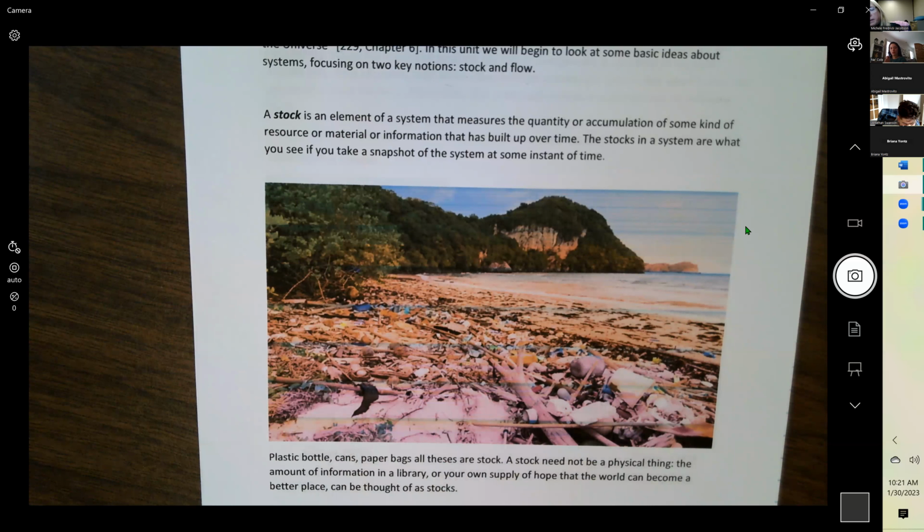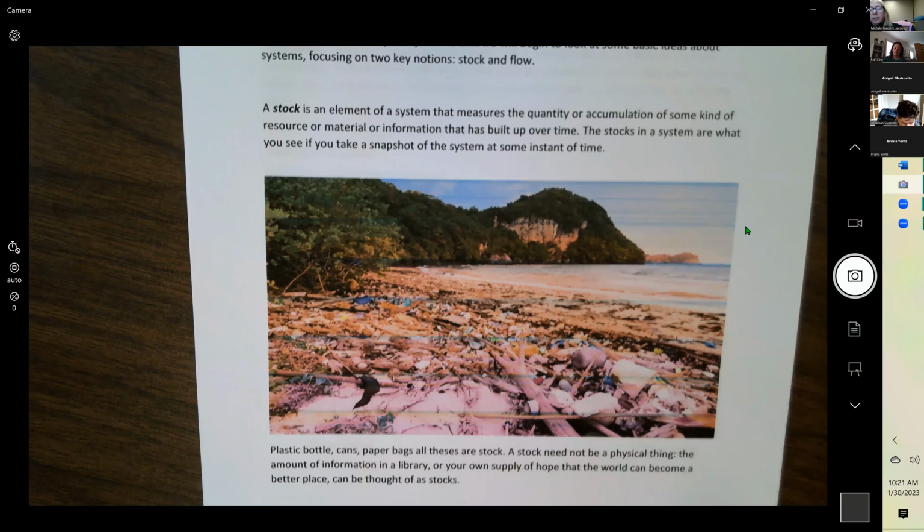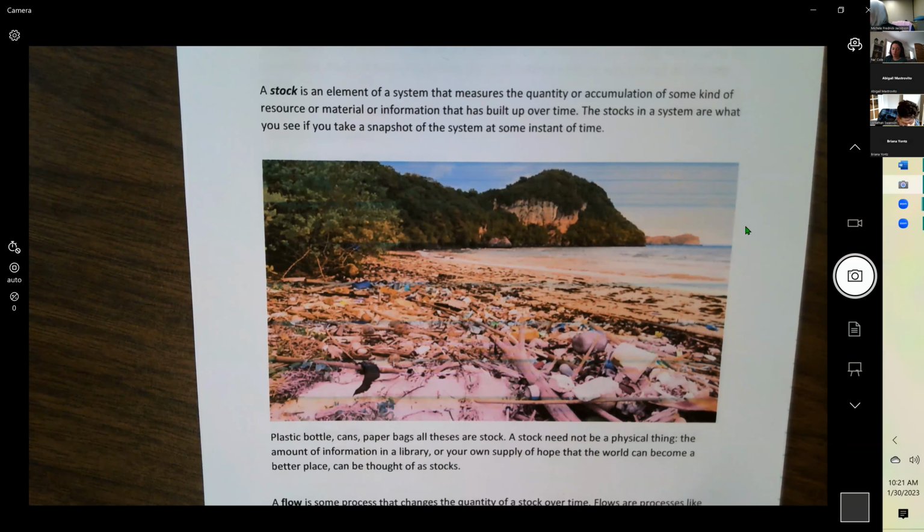It doesn't have to be a physical thing. It can be other things. It could be the air. It's not always something you see. It could also be the amount of information in the library or your own supply of hope in the world. Stock doesn't have to be a specific object. Most of the time, that's what we're looking at it as, but it can be other things.